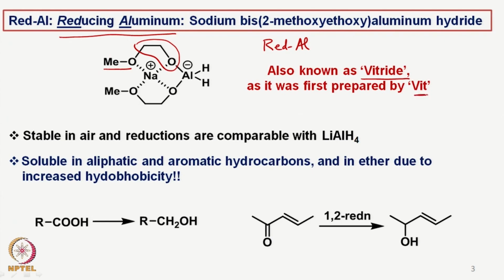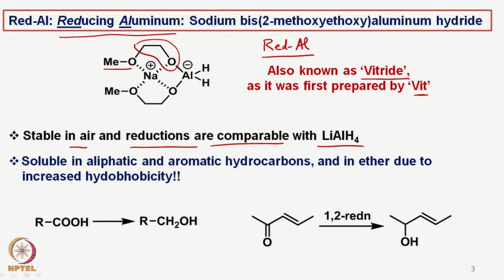The Vitride or the Redal is more stable in air, and reductions are comparable with lithium aluminum hydride. One of the problems with lithium aluminum hydride, as I mentioned last time, is that it is very unstable towards water and therefore not easy to handle.